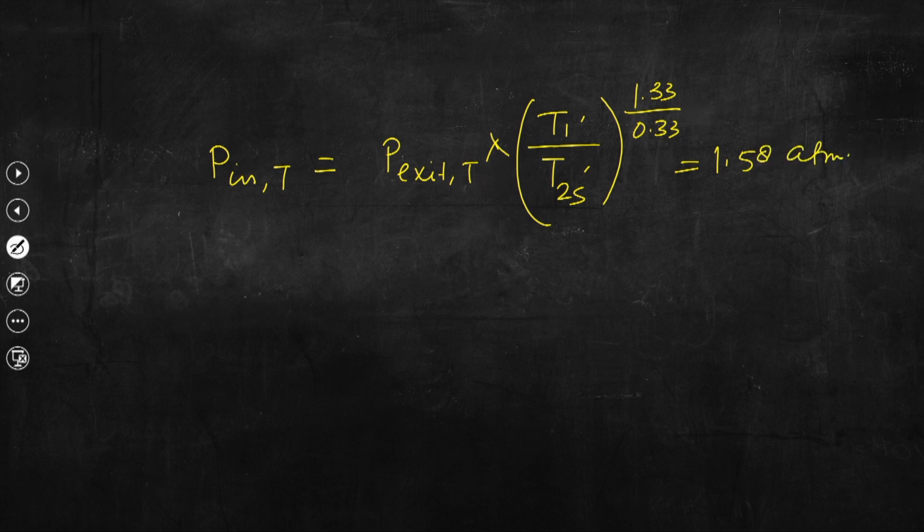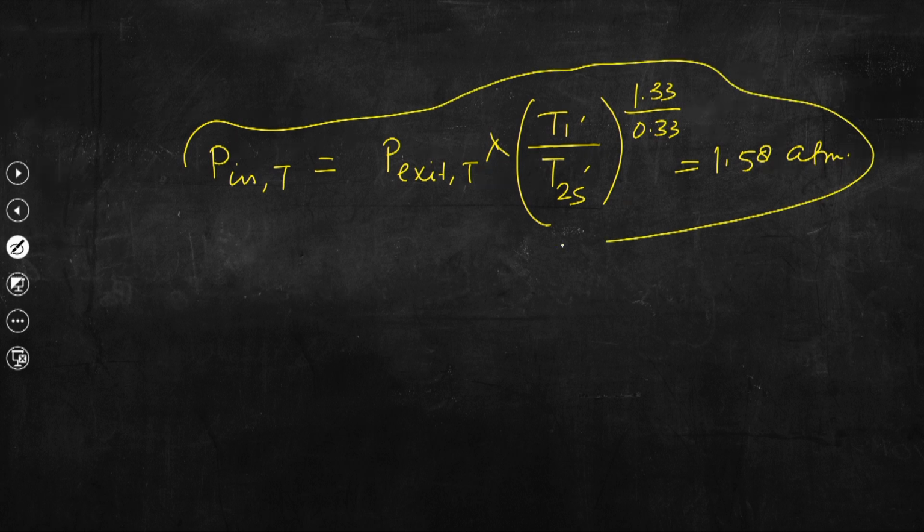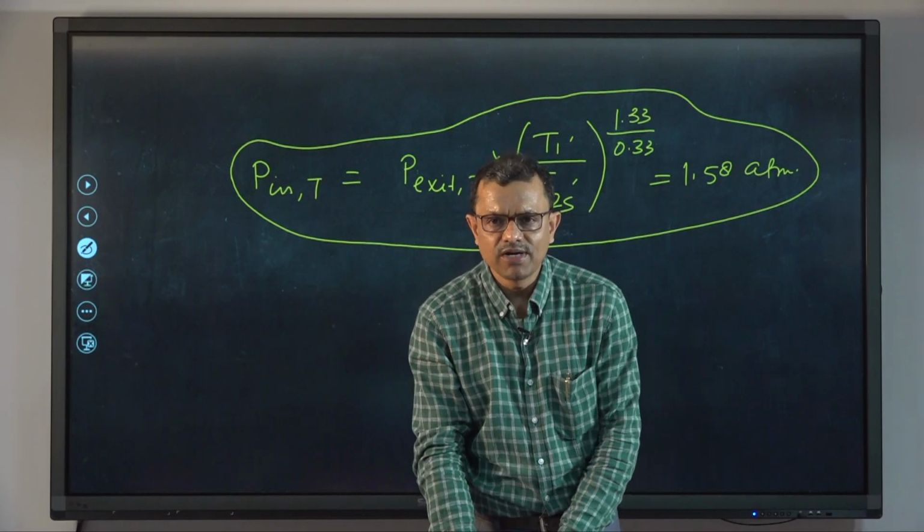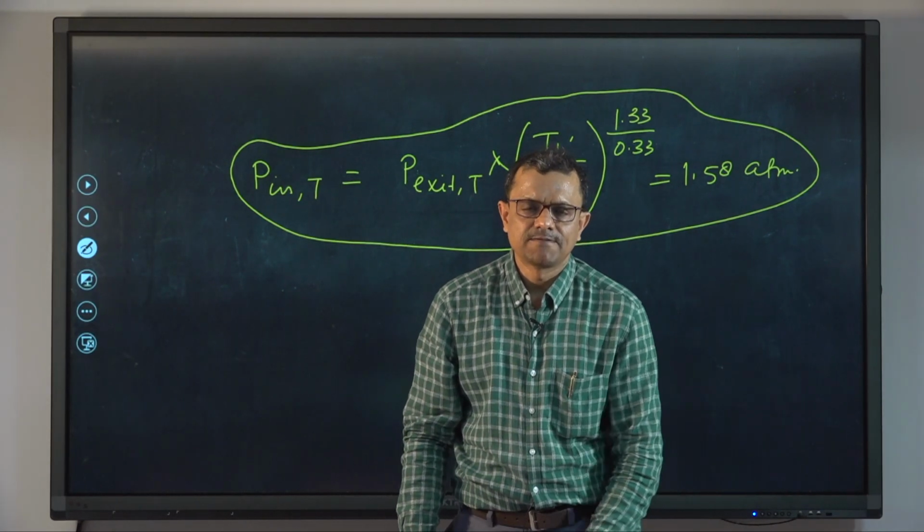So, this is the final answer of this question, that is the pressure at the turbine inlet, which we had to calculate. So, this is 1.58 atmospheric pressure.